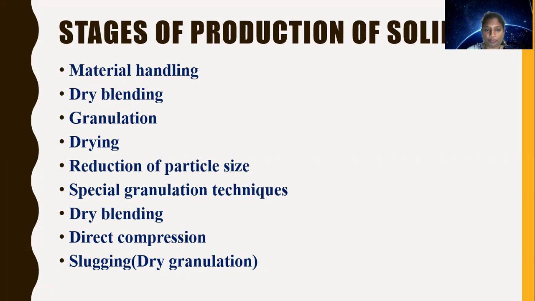Next is dry blending. Next is granulation, drying, and size reduction, the reduction of the particle size, and special granulation techniques, and dry blending, and direct compression and slugging. These are the different things we have to discuss.